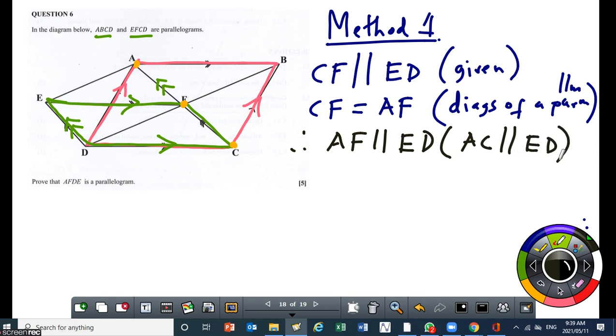Okay? Why am I saying AC is parallel to ED? It's because this AC here is 2 times AE. So if AE is half of AC, it therefore means that AE is also parallel to ED because CE is parallel to ED.